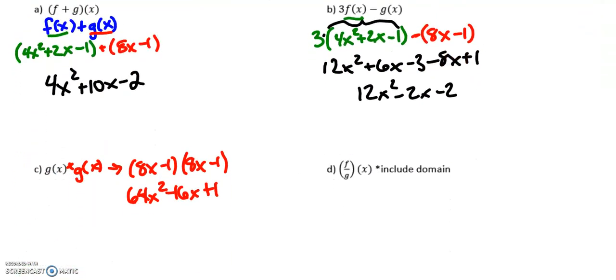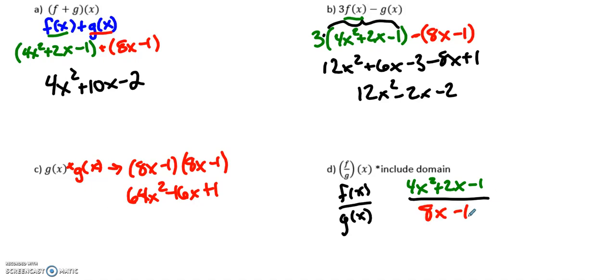Lastly, part D. Scroll back down. Part D here, I can break this up and think of it as f of x divided by g of x. It's the same thing, f divided by g and f of x divided by g of x. Go ahead and just replace the functions. So f of x was 4x squared plus 2x minus 1, and g of x was 8x minus 1.